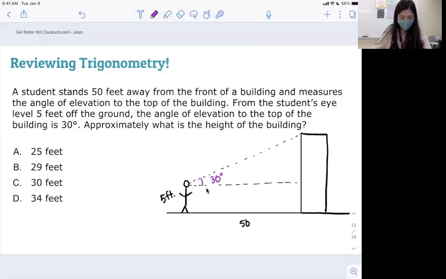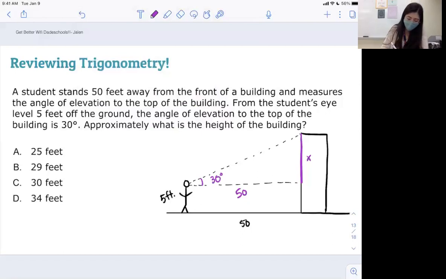Now I have to find the height of the building. So we know that we don't know the measurement of that, but we do know that this is 50 feet. So what am I going to use? Sine, cosine, or tangent? Good, tangent.